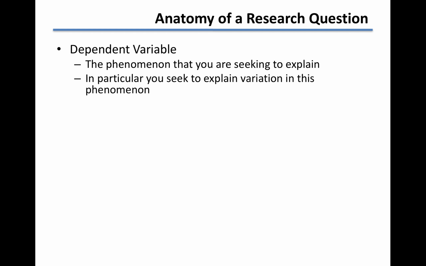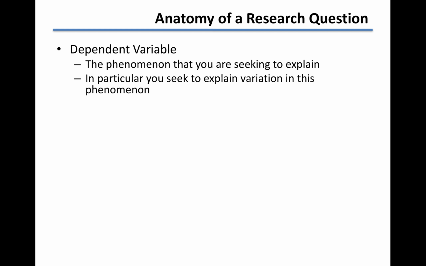So, the anatomy of a research question, the disparate parts of a research question. First, the dependent variable. The dependent variable is the phenomenon that you're seeking to explain. In particular, you're seeking to explain variation in this phenomenon. So, for example, I asked that question before about why are some countries rich and some countries poor?